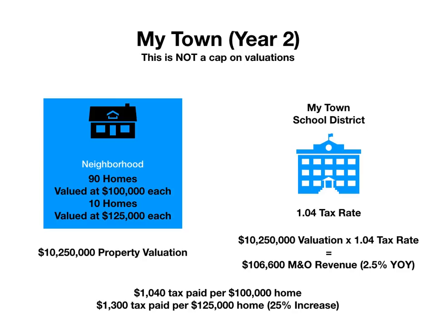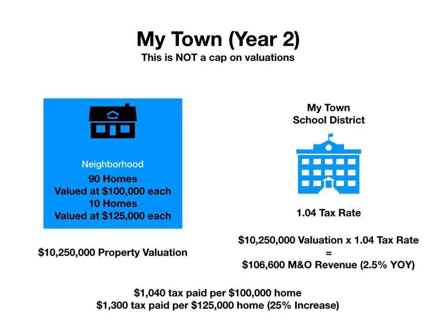Out of the 100 homes in our neighborhood, 90 homes still have that $100,000 valuation in year 2. 10 of the homes have been valued at $125,000 each, which is a 25% increase. Do the 10 homes with higher values see their taxes capped at the 2.5% increase? They won't. The overall property valuation across all 100 homes moves from $10 million in year 1 to $10,250,000 in year 2.